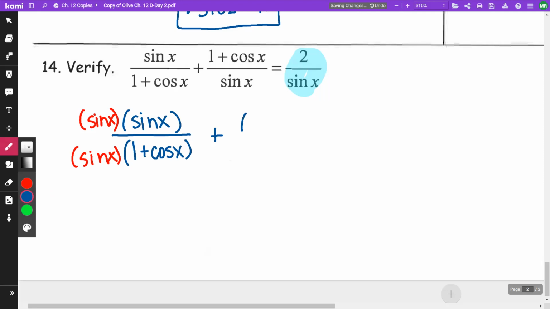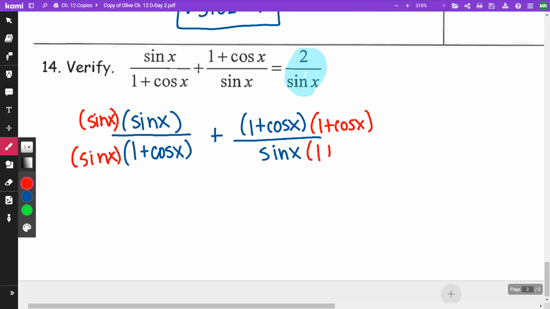The other fraction, which has a 1 plus cosine x on top, I am going to multiply top and bottom by what it was missing, which is a 1 plus cosine x. Now you see both denominators are going to have a sine x and a 1 plus cosine x. So I'm going to do the math here.